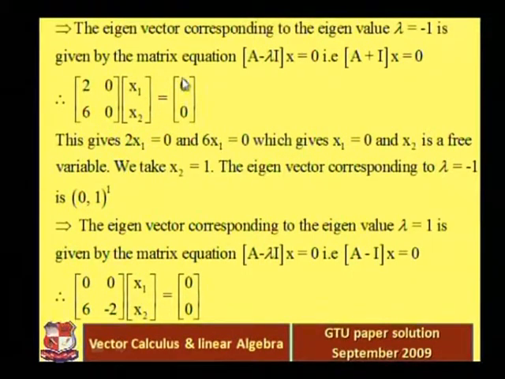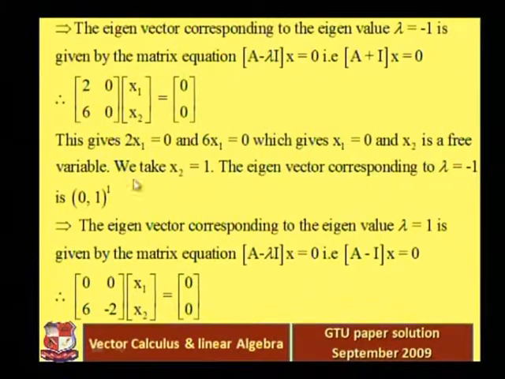that is equal to 0 0. Now this gives two equations. We get 2x1 is equal to 0 and 6x1 is equal to 0. So basically we get only one equation, that is x1 is equal to 0, and x2 is a free variable, because we cannot say anything about x2.